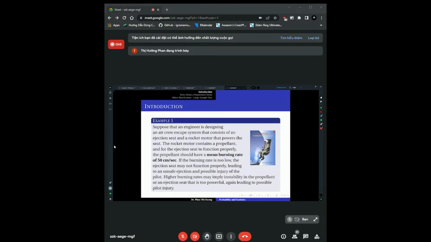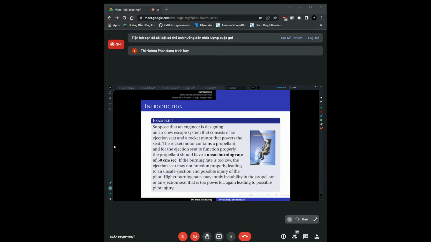Example 1. Suppose that an engineer is designing an aircrew escape system that consists of an ejection seat and a rocket motor that powers the seat. The rocket motor contains a propellant, and for the ejection seat to function properly, the propellant should have a mean burning rate of 50 centimeters per second.